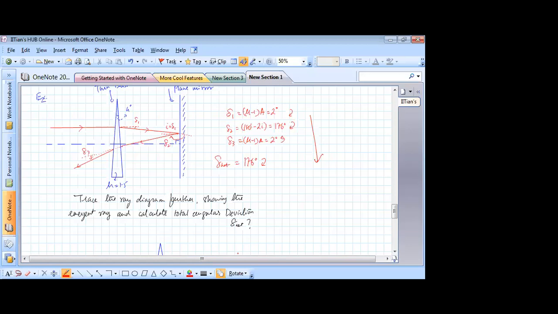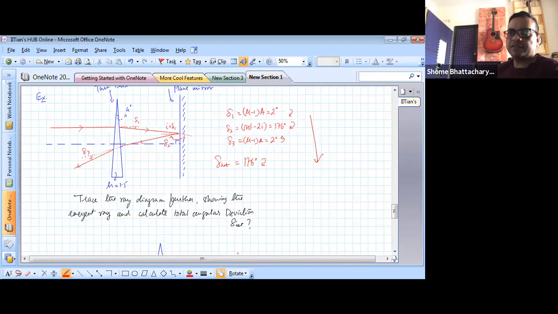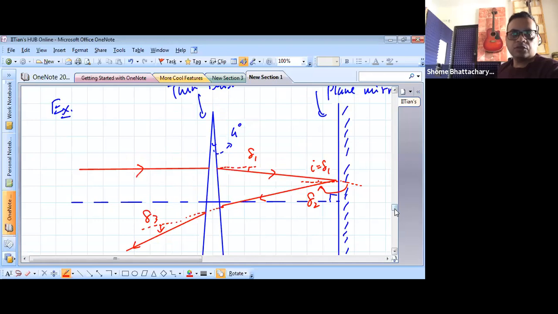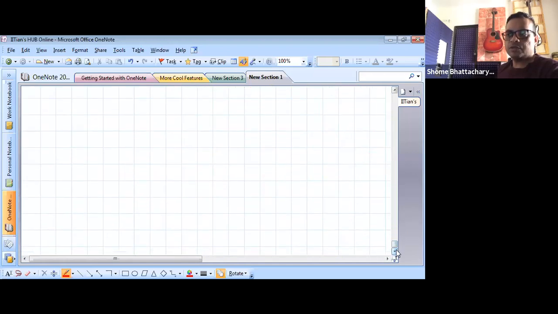Okay, now next up we will do one slightly different situation, which is specifically for JEE Advanced type of thing. If you have a medium with variable refractive index, then how the deviation happens. So this calculation is clear to all of you.